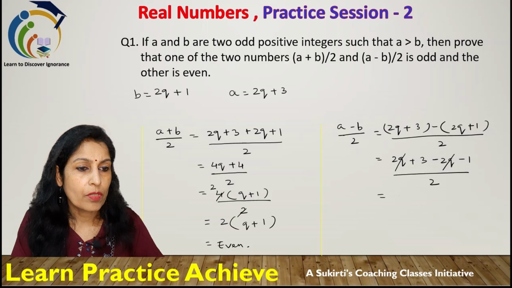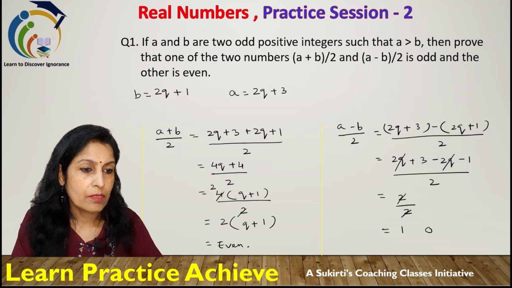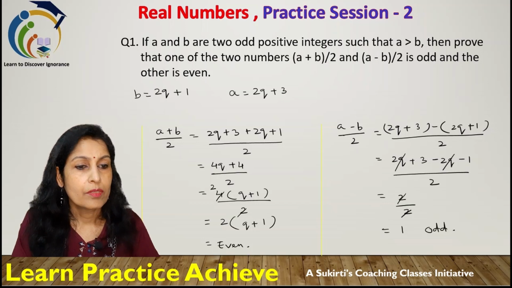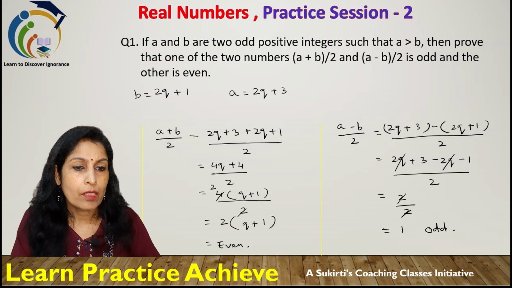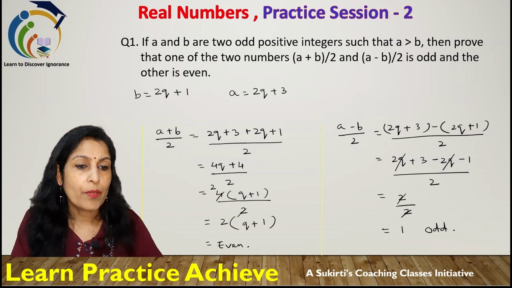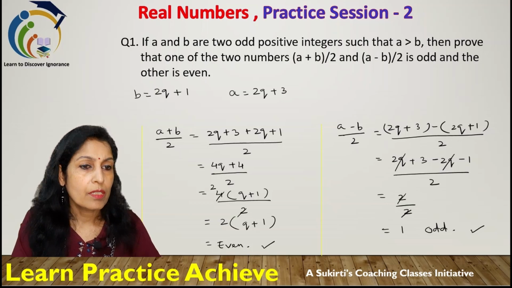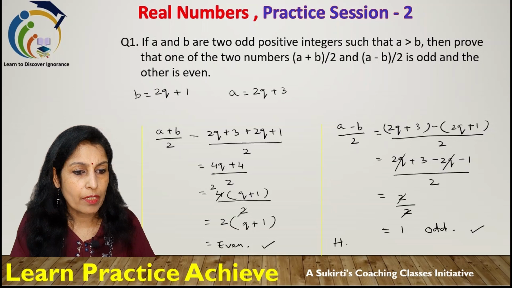Then 3 minus 1 you will get 2, 2 by 2 is cancelled. You will get 1 and 1 is an odd number. So from this we can say that (a plus b)/2 is an even number, whereas (a minus b)/2 is an odd number. So hence it is proved.